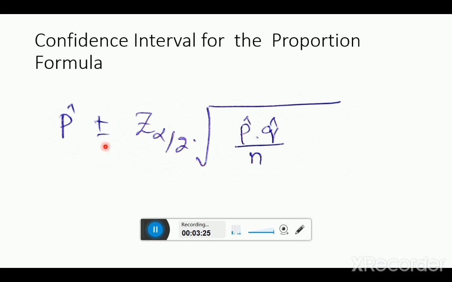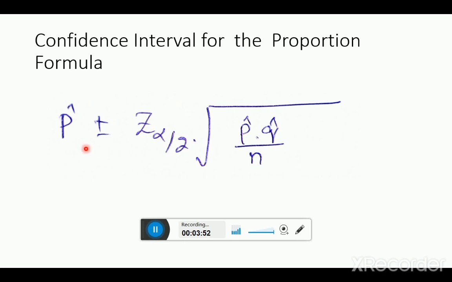Then plus minus: as I told you, plus means the upper limit and minus means the lower limit. For example, P cap plus Z alpha by 2 times the root of P cap into Q cap divided by N shows your upper limit. When we talk about P cap minus Z alpha by 2 times the root of P cap Q cap divided by N, this minus shows the lower limit.